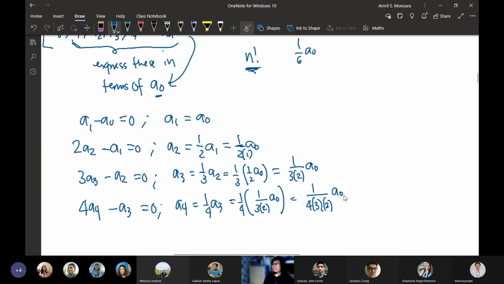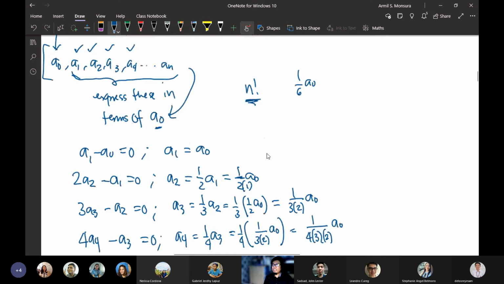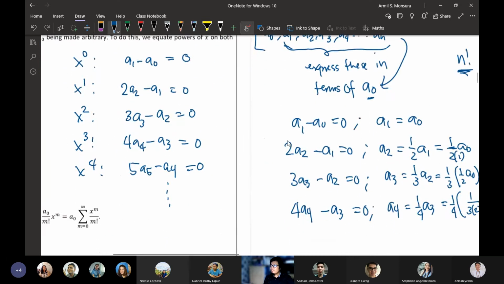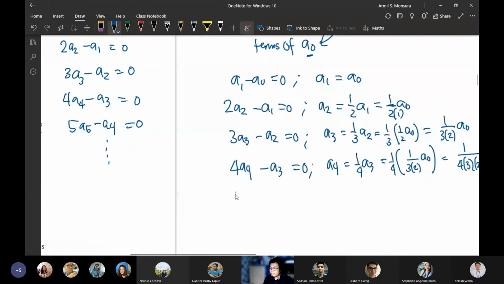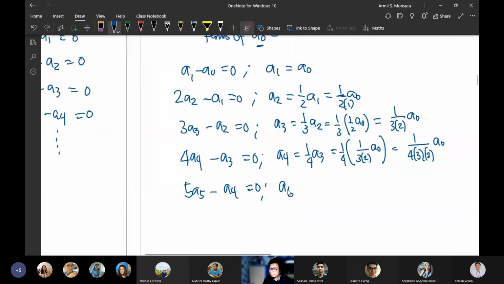Okay? So, meron tayong a3, meron tayong a4. Ilan terms na to? 1, 2, 3, 4. 4 terms. So, sagalin na natin. Kunin na rin natin to. So, you have 5a5 minus a4 equals 0. Okay? Which implies that a5 is 1/5 of a4. But a4 is this.